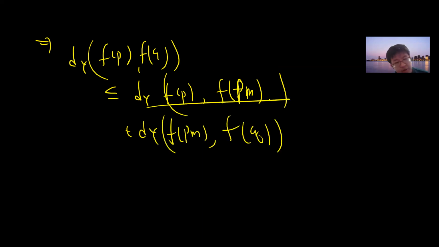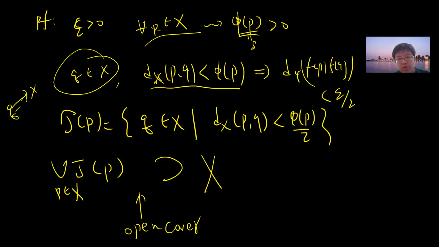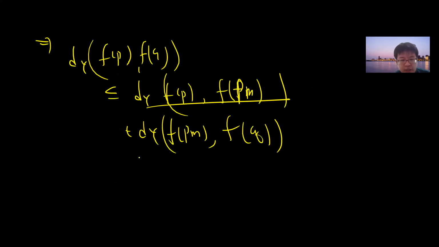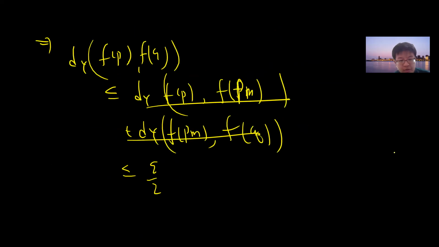Okay, so dY(f(p),f(pm)), by definition, is less than a half, epsilon divided by 2. Now dY(f(pm),f(q)), by this, is also less than epsilon divided by 2. So their sum is epsilon.